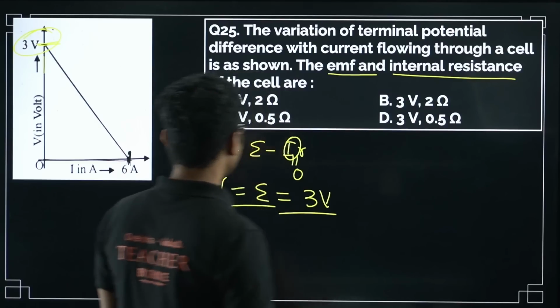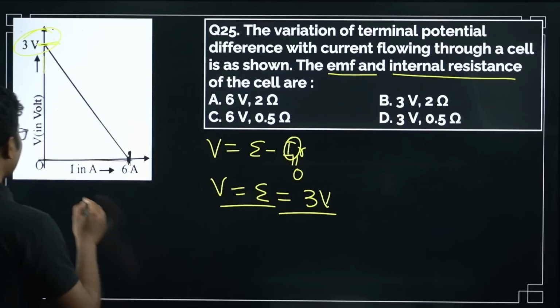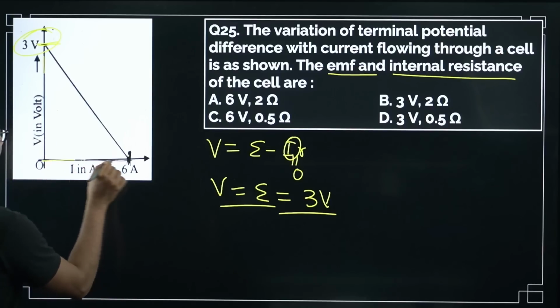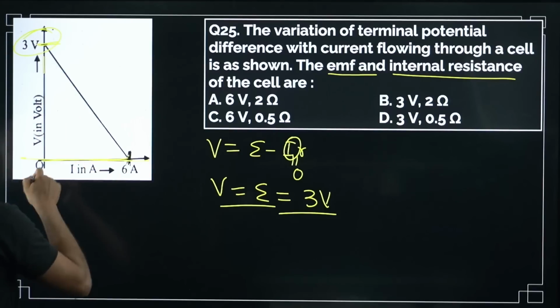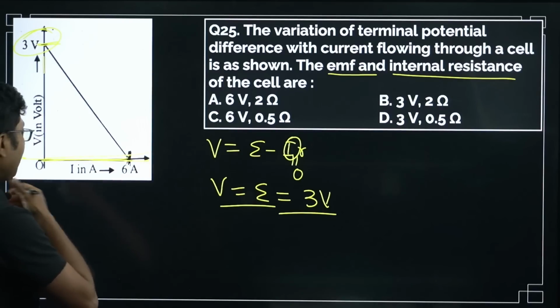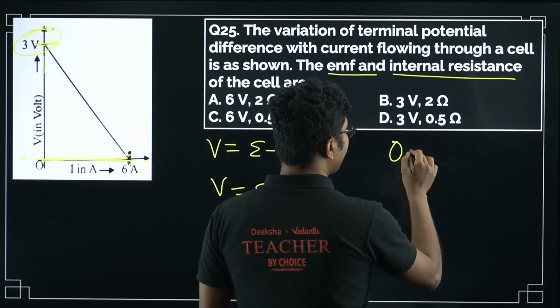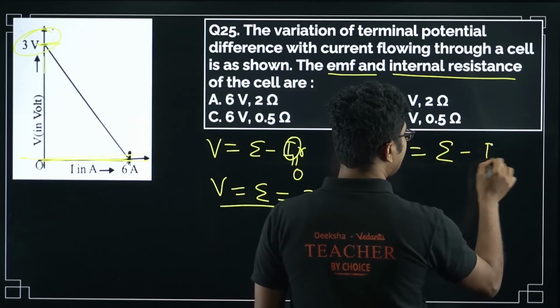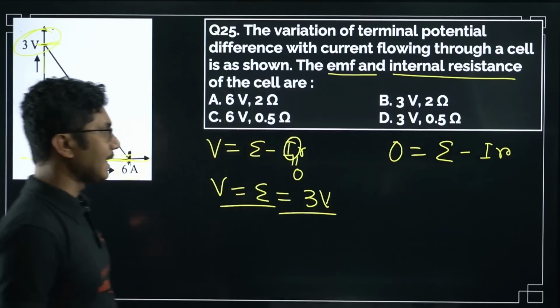Now you have to find the internal resistance. What is the terminal voltage here? This is the x-axis, so y should be 0. So terminal voltage is 0. So 0 equals epsilon minus Ir. What is the value of I in this case? I is 6 ampere.